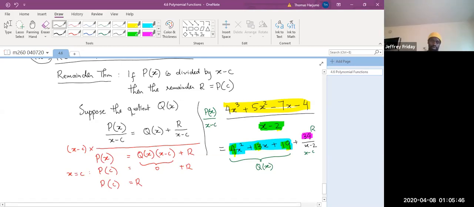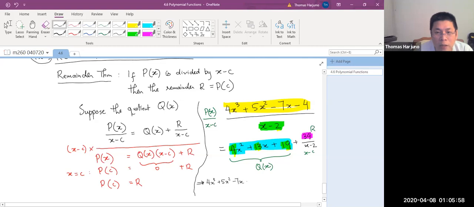Let's take a look at this example here. 4x cubed plus 5x squared minus 7x minus 4 is equal to x minus 2 times (4x squared plus 13x plus 19) plus 34.